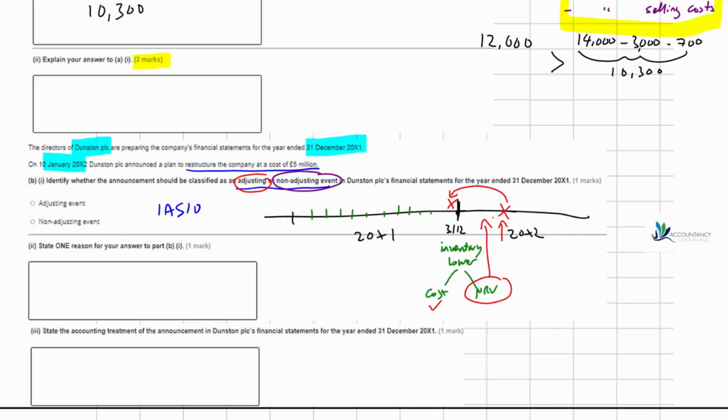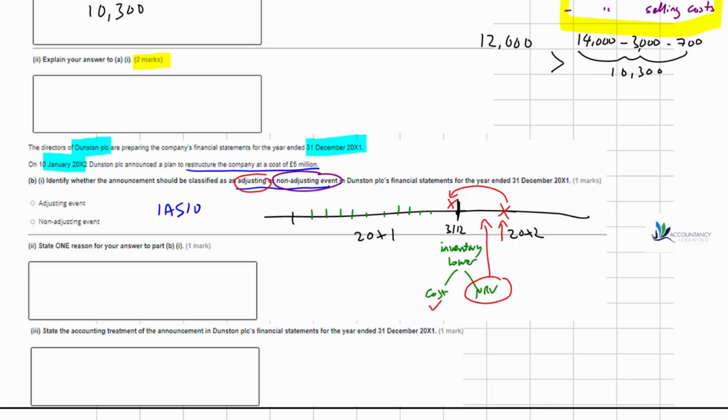So we might be able to work out the actual net realisable value after the end of the year. But the inventory existed at the year end, so even though we get this information after the end of the year, we should still correct our figures and work out what the correct net realisable value is for the accounting year in question. So again, that would be an adjusting event.